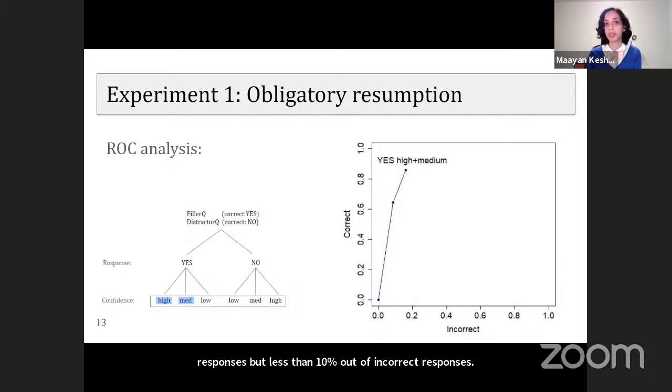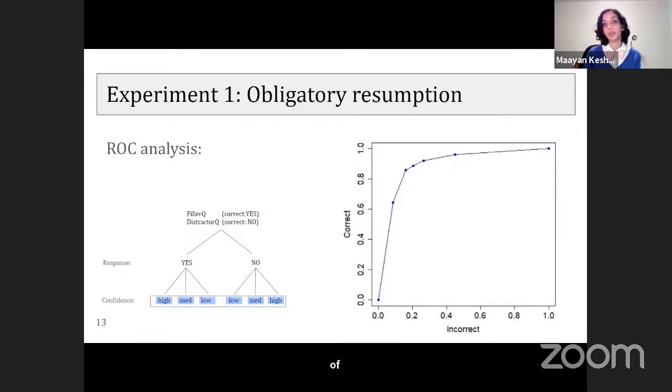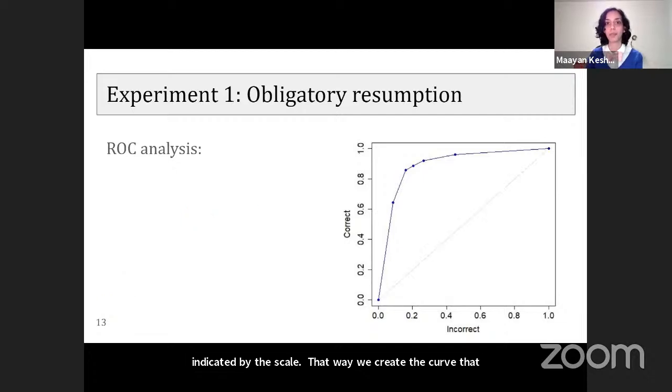Now we cover a higher percentage on both axes, and we go on to add the last level of yes responses and continue to no responses in the order indicated by the scale. That way, we create the full curve that compares correct and incorrect responses. And this should exhibit how participants discriminate the distractor from the filler on the comprehension questions.